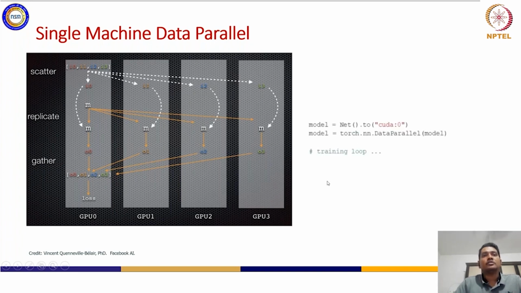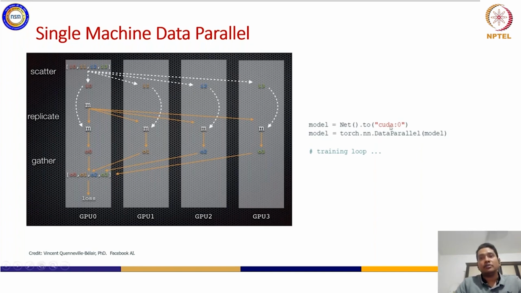You have seen the training pipeline. This modification alone will enable your data parallel execution. Basically, we are transferring the model to, let's say, CUDA 0. We have CUDA 0 and 1, 2, 3, and so on up to 7, so a total of 8 GPUs you might have, or 4 GPUs in this case.